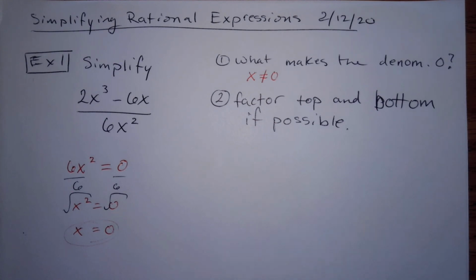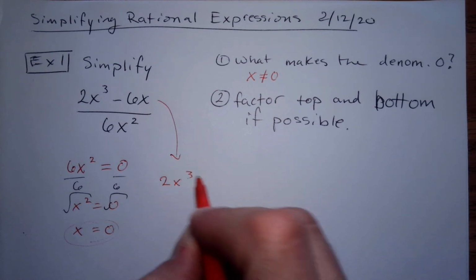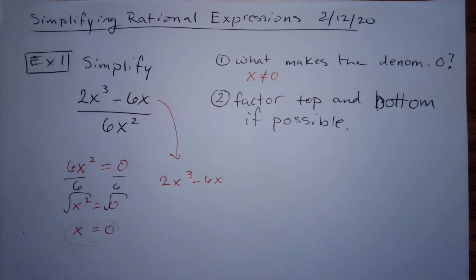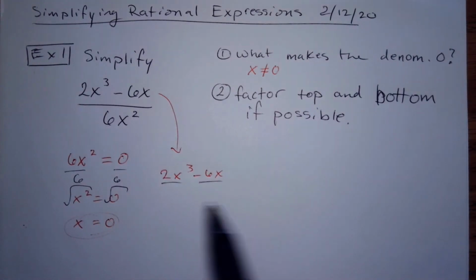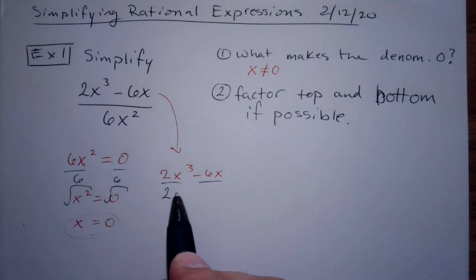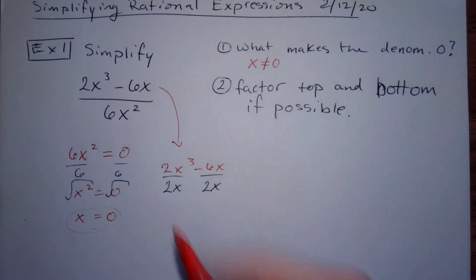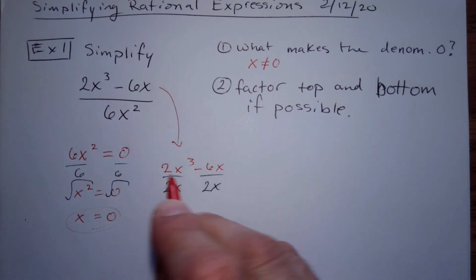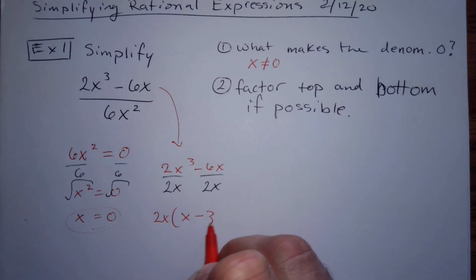So I'm going to say this becomes, well, you could factor it in your head, but since I'm showing you the notes, I'm going to write it out. I can divide by 2 and an x. Whatever I divide by goes on the outside. So 2x times x minus 3.